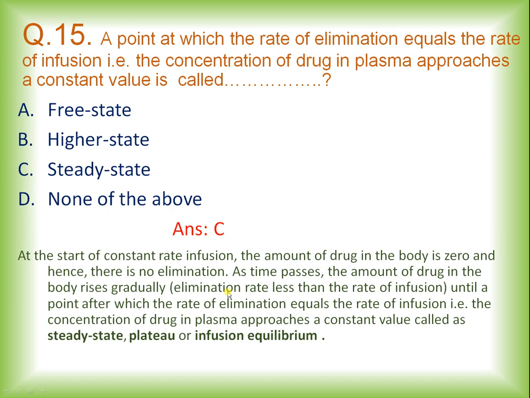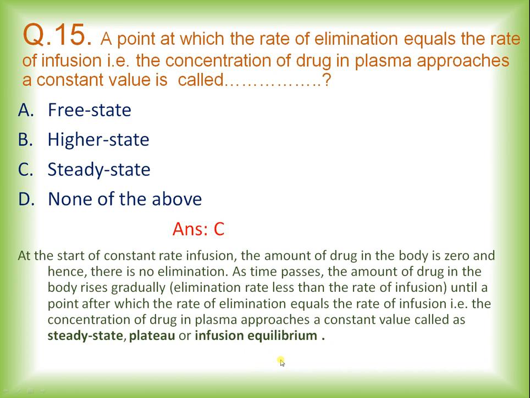It means the elimination rate will be less than the rate of infusion, until a point at which the rate of elimination equals the rate of infusion, meaning the concentration of drug in plasma approaches a constant value. This value is called the steady state concentration, or plateau, or infusion equilibrium.